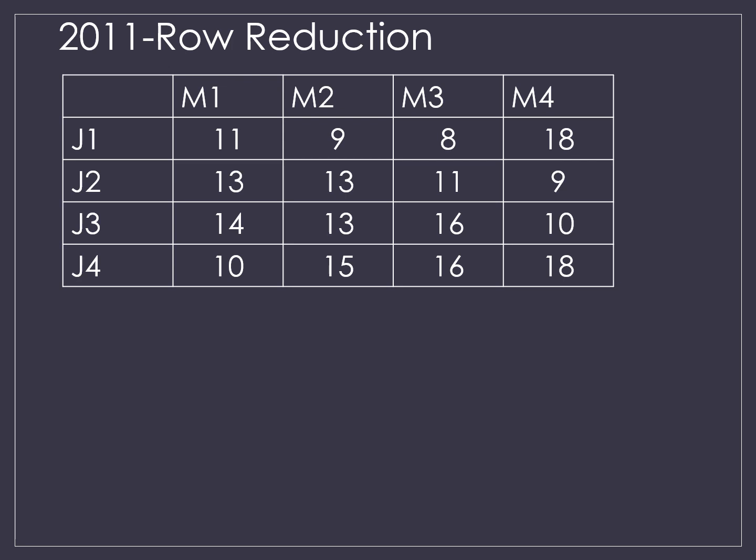Here in the first row it is 8, in the second row it is 9, in the third row it is 10, whereas in the fourth row it's 10. From the smallest value in each row, we have to deduct all the other values.